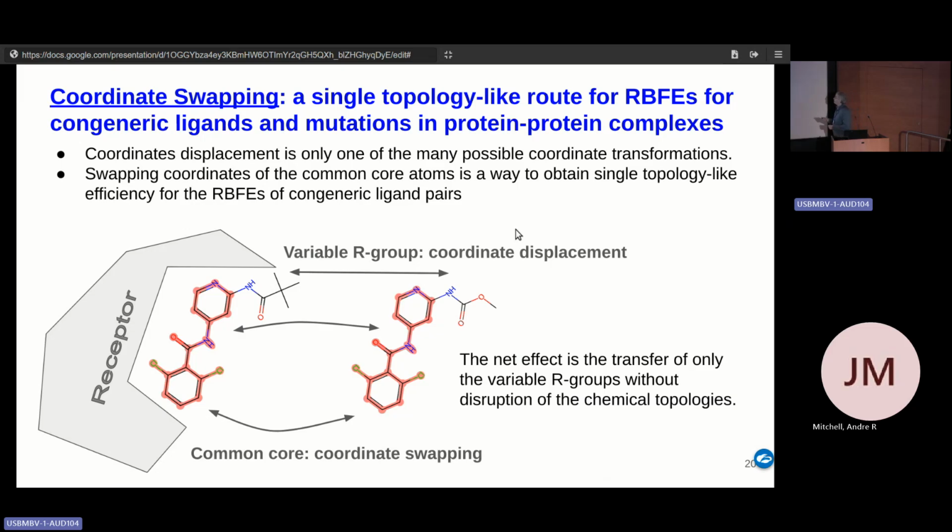But we developed another kind of coordinate, which is swapping coordinates between atoms. You say, well, that doesn't change anything. Well, except that if a group is different and you transfer the group, you want to keep the ligand together, you can do coordinate swapping plus displacement of the variable group. And basically, you have a single topology implementation of this. And we tested this. It seems to improve convergence for congeneric sets.